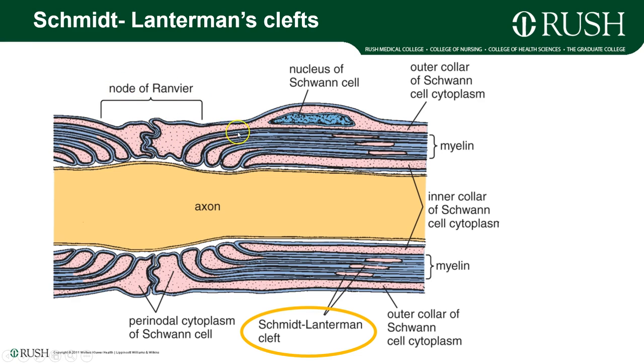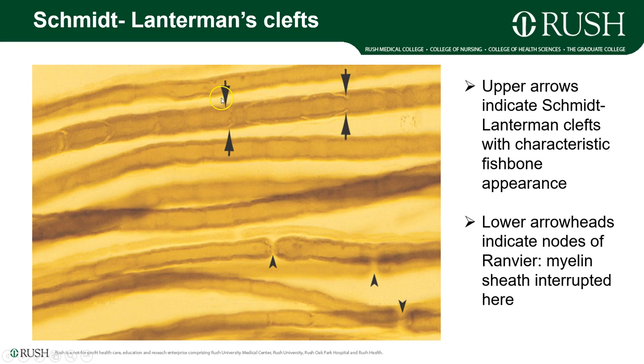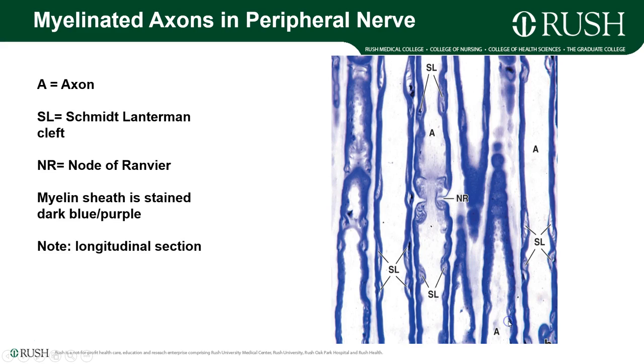This is the space between two adjacent Schwann cells. Here's a histological view of the Schmidt-Lanterman cleft with a node of Ranvier. This is another view of that node of Ranvier shown here, and then this projection, which is the Schmidt-Lanterman cleft.